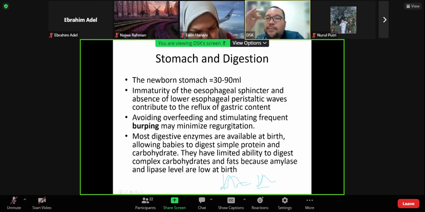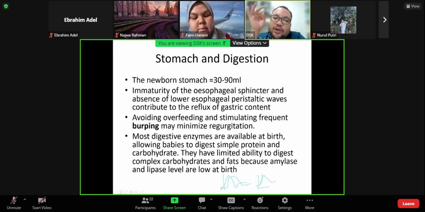And the muscle has two sphincters. The cardiac sphincter at the top, and the pyloric sphincter, which connects the stomach to the duodenum. The cardiac sphincter connects the stomach to the esophagus. The cardiac sphincter is immature, not strong enough.